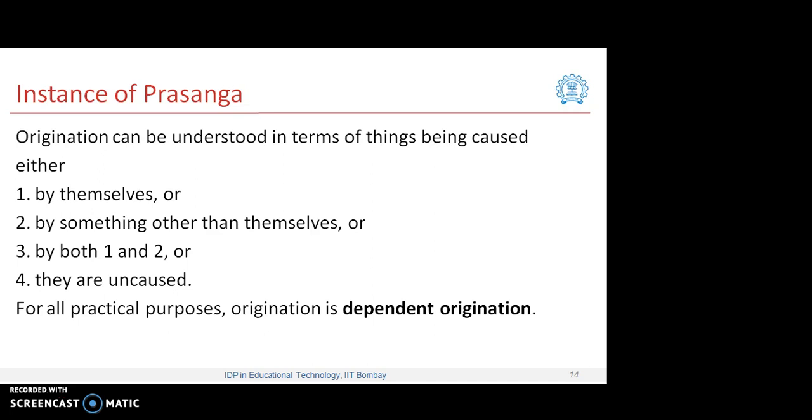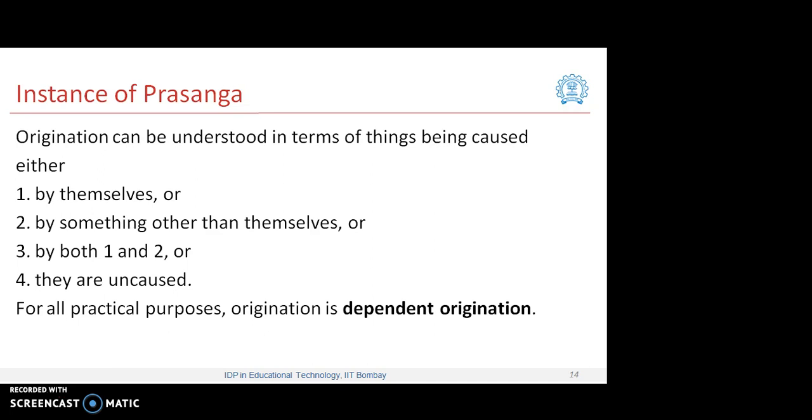For example, he shows that if things are produced by themselves, then there is no point in talking about causation. Something which is already present is not caused.